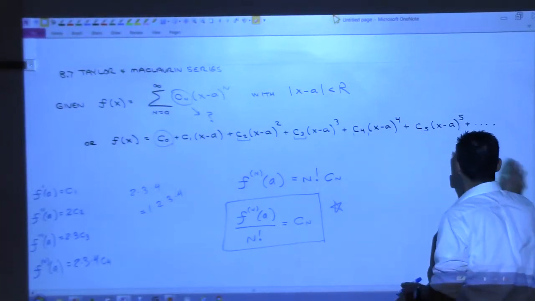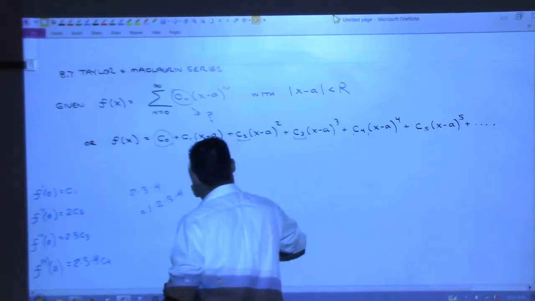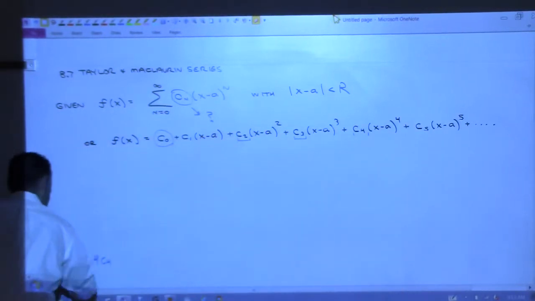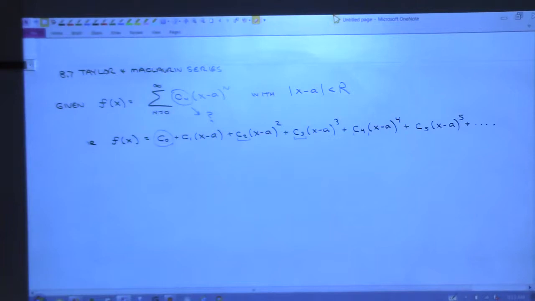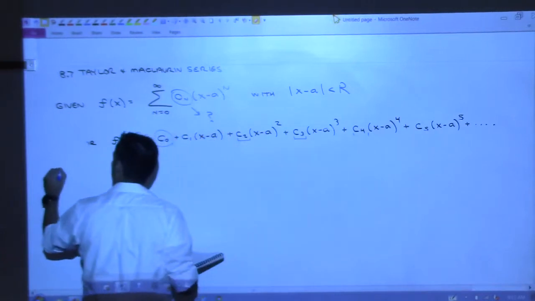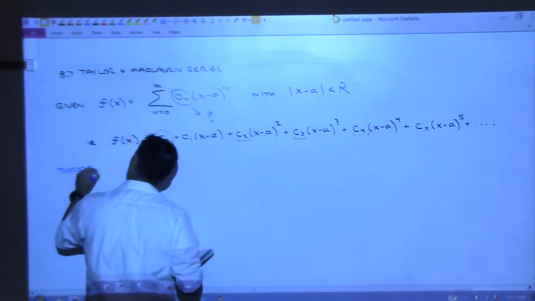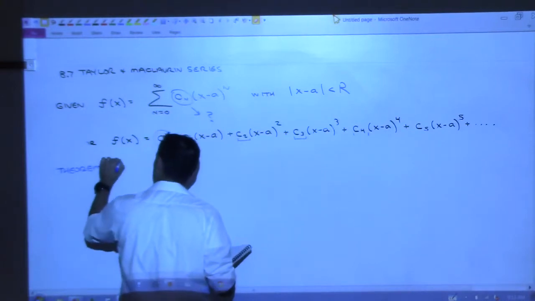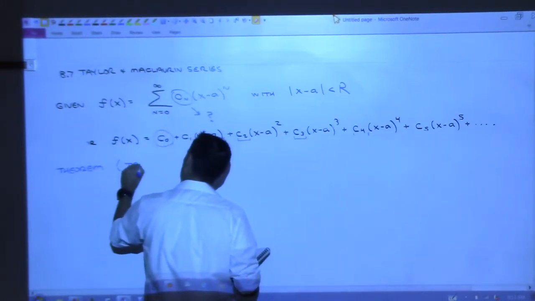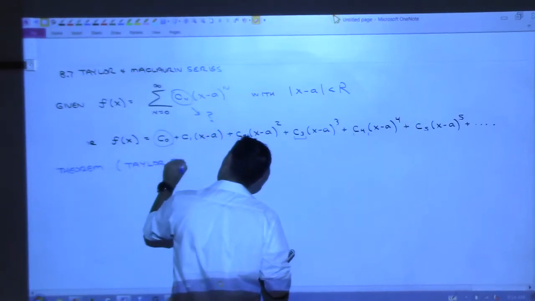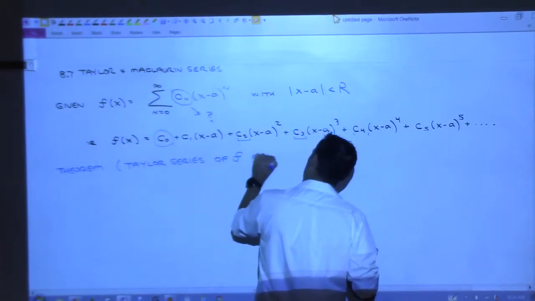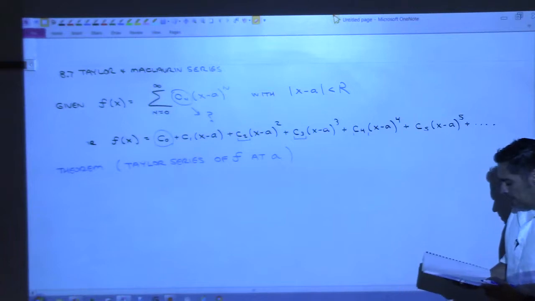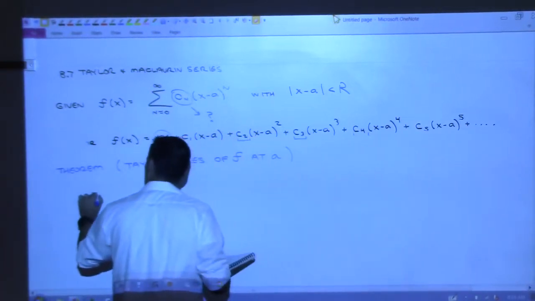Okay. So now we define the Taylor series. All right. Given a function like that, right? Let me put the theorem up here. Theorem says, and this is the theorem that defines what's called a Taylor series of a function f at a, all right? Here's what it says.